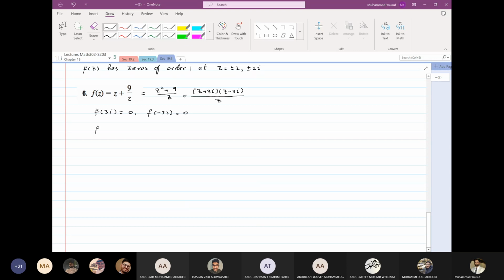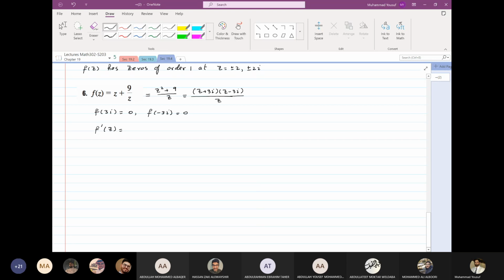For that, what we do, we find f prime of z. Now, z plus 9 over z or z square plus 9 whole over z or z plus 3i, z minus 3i over z. All these three are equal. They are not three different functions. They are same.